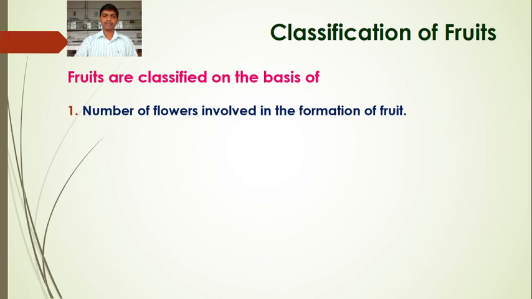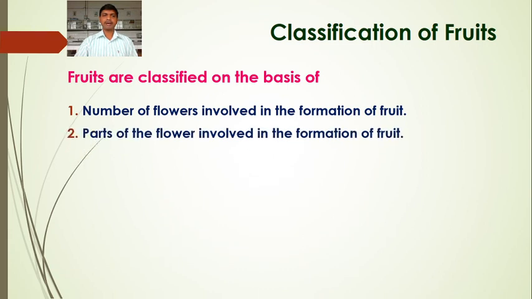Second, the parts of flower involved in the formation of the fruit: calyx, corolla, androecium, gynoecium. In addition to the ovary, in some fruits other floral parts are involved in the formation of the fruit, and on that basis we also classify the fruits.